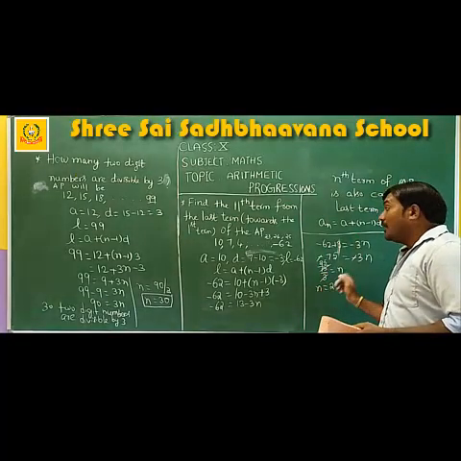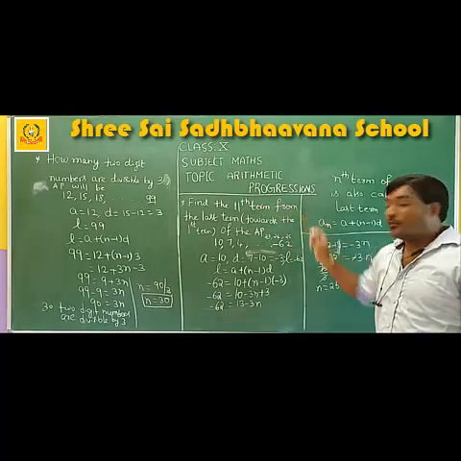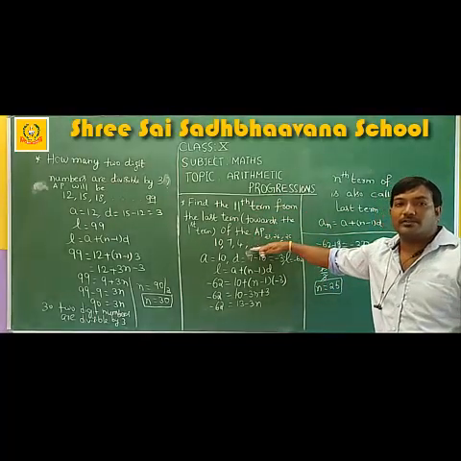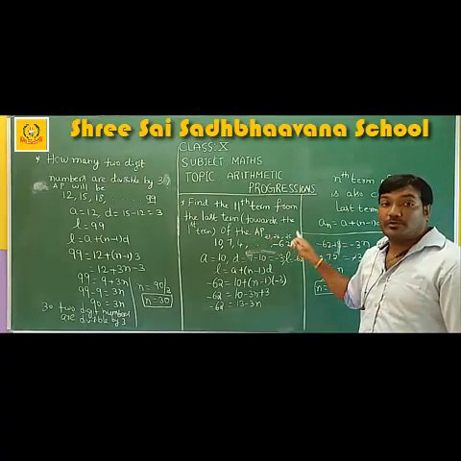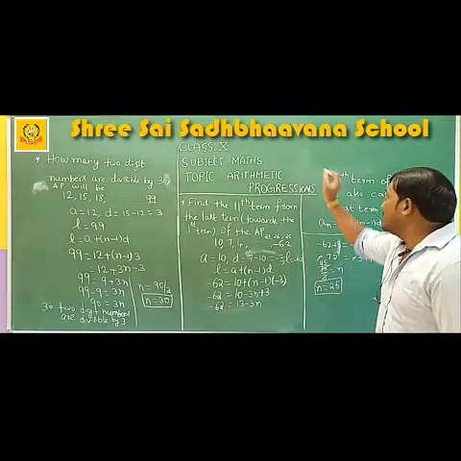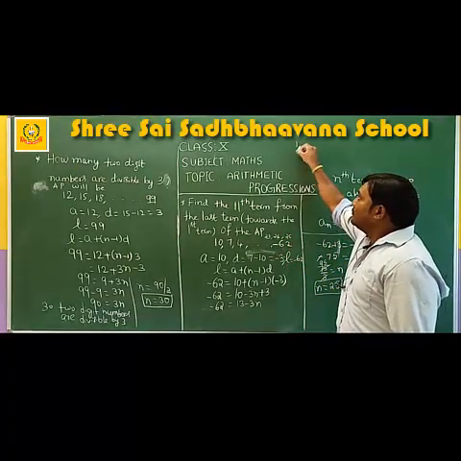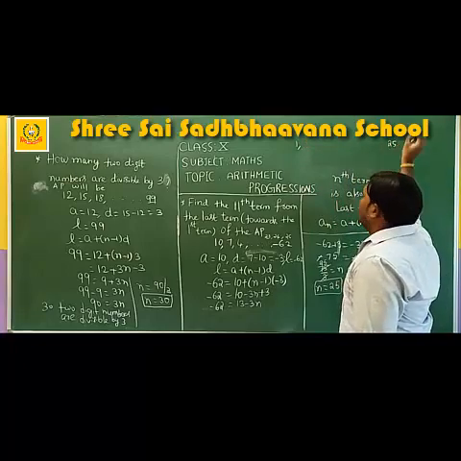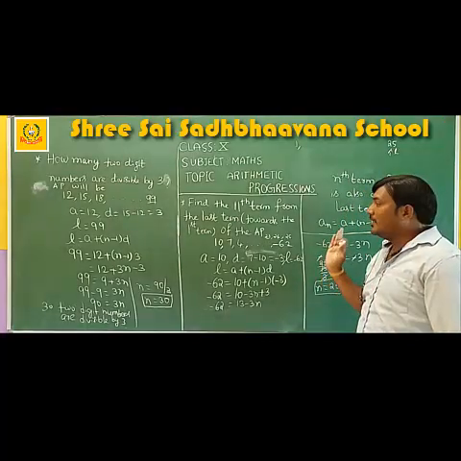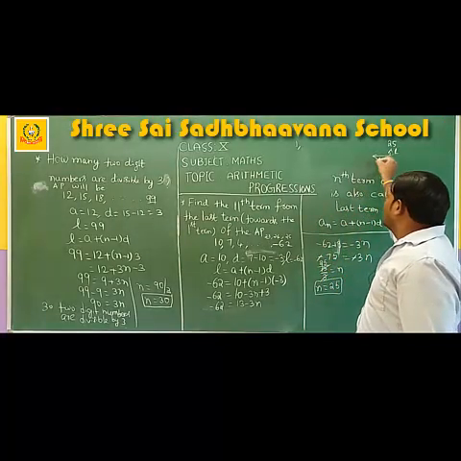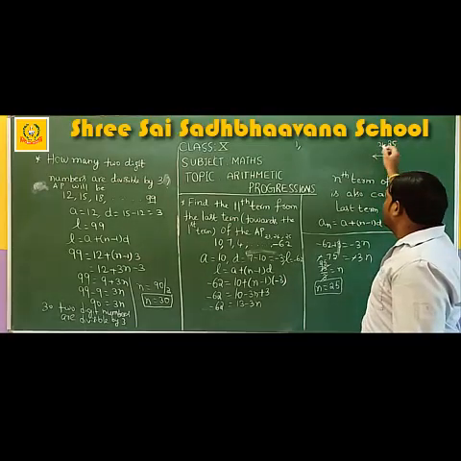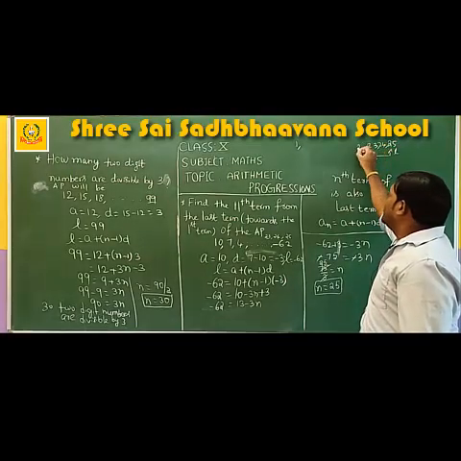Our sum is not completed yet. The n value we got means that in this given arithmetic progression there are 25 terms. So we got the total number of terms. Starting from the first term, you have 25 terms, so the last term is the 25th. Assume this as the first term; before it will be the 24th term, 23rd, 22nd.